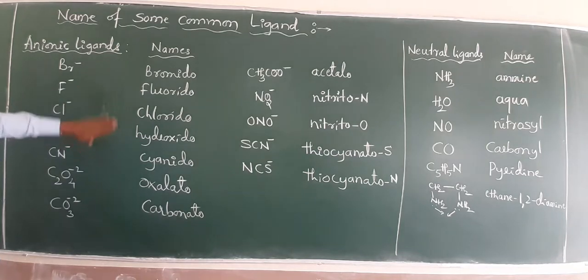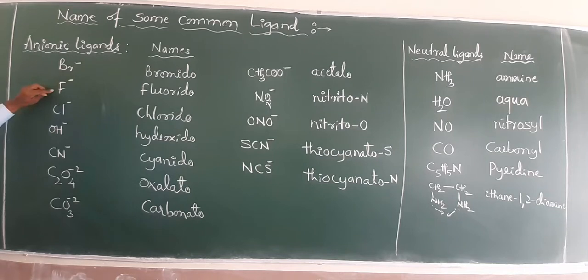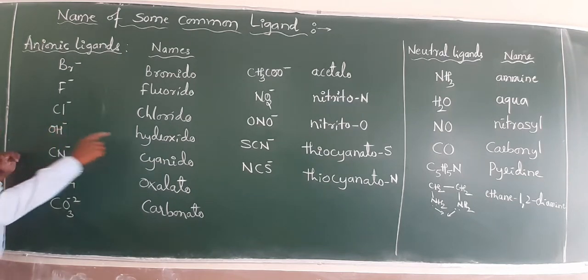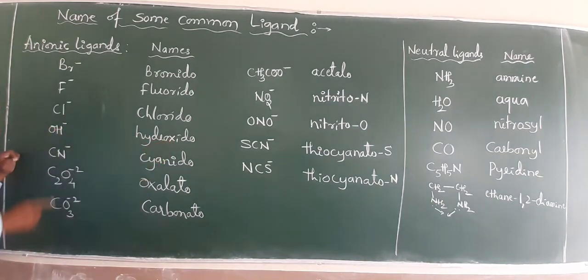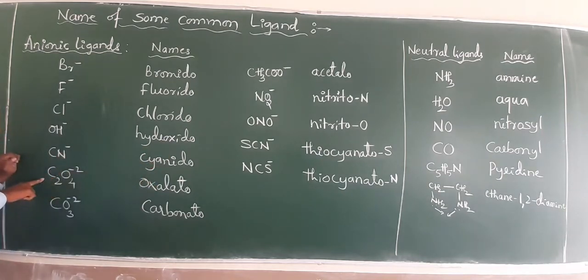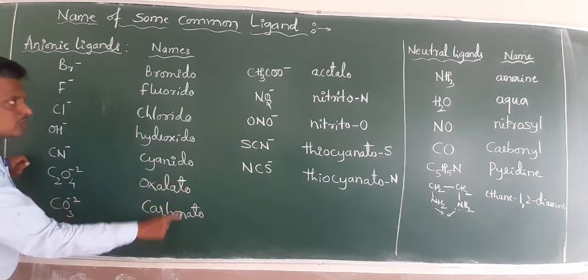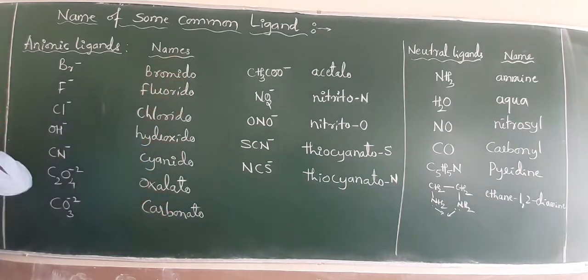Similarly, Br minus is bromido, F minus is fluorido, Cl minus is chlorido, OH minus is hydroxido, and CN minus cyanide is cyanido. Oxalate, C2O4 2 minus, is oxalato, and carbonate, CO3 2 minus, is carbonato. These are the names of the ligands corresponding to these formulas.